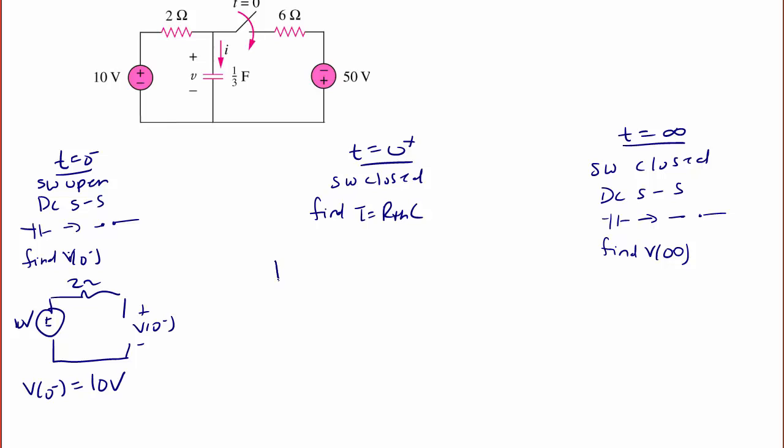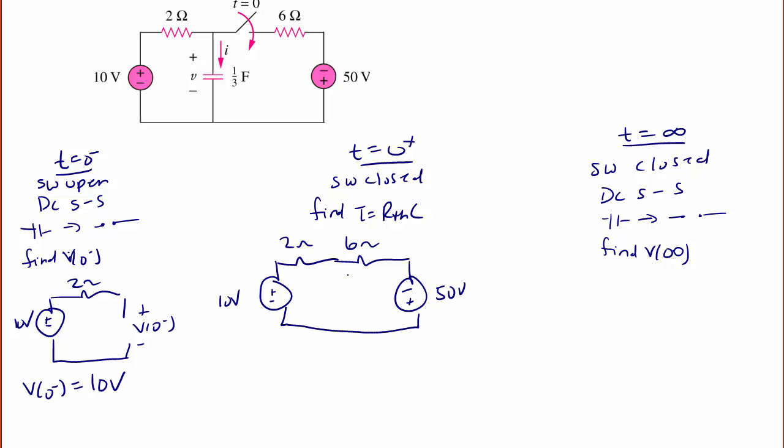Then I have a circuit here. I have a 10-volt source, a 2 ohm resistor, a 6 ohm resistor, the 50-volt source, and the capacitor. That's 1/3 of a farad.